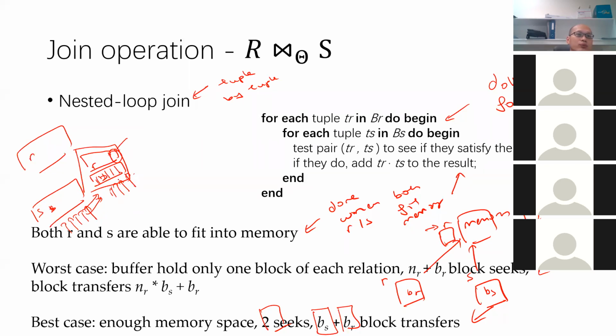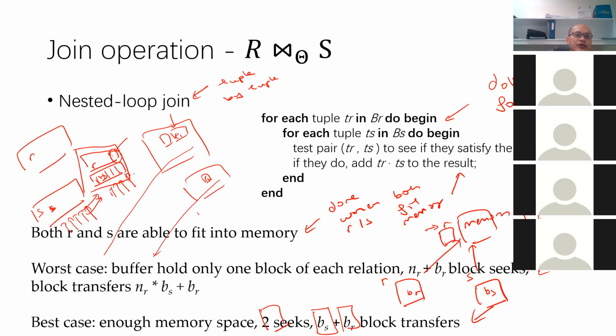This will be compared later on with the block nested loop. It means that every time I do, let's say, tuple 1, I go through all the blocks, and tuple 2, I also go through all the blocks.